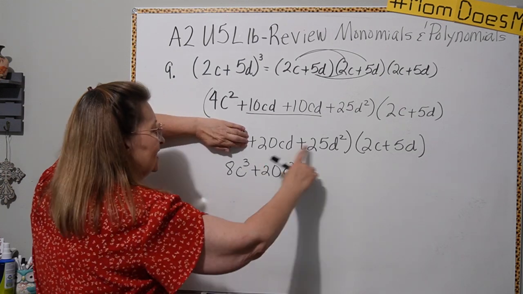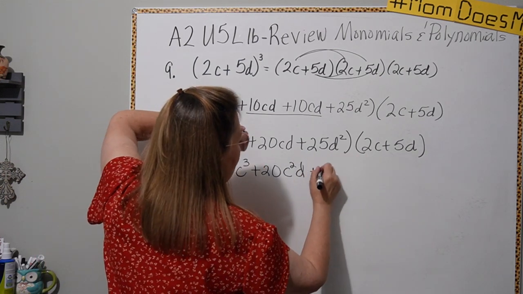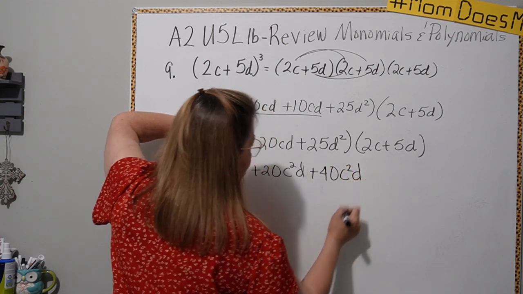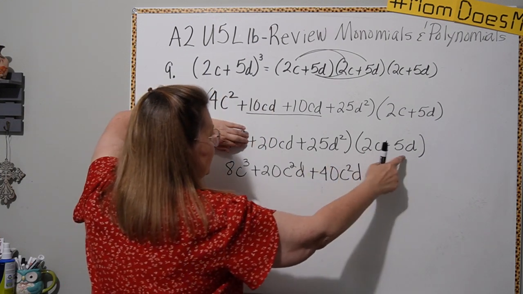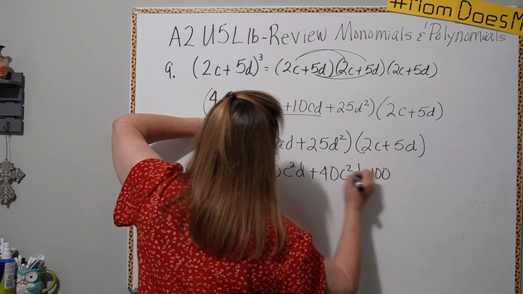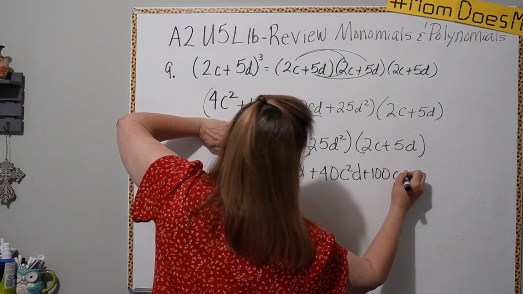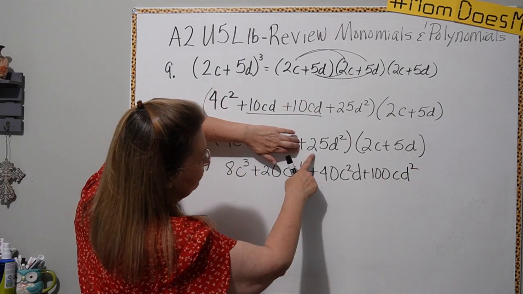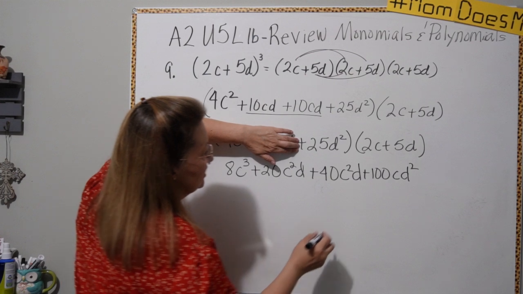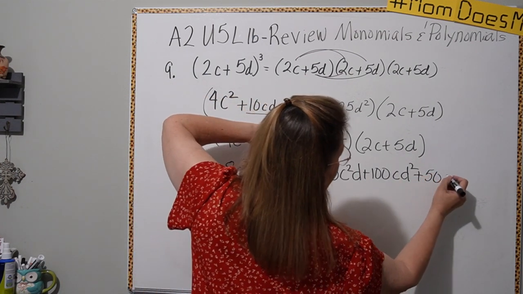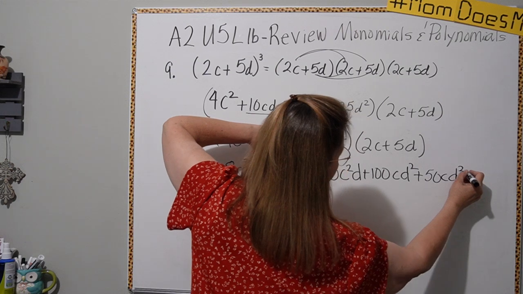Now 20cd times 2c is going to be 40c squared d, and 20cd times 5d is going to be 100cd squared. Now the 25d squared times 2c is going to be 50cd squared.